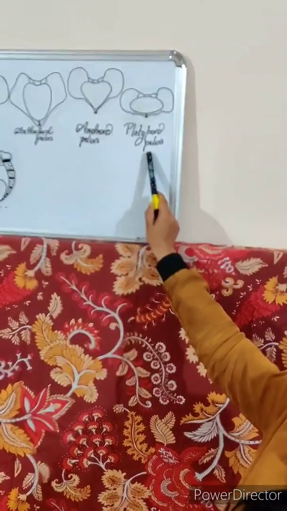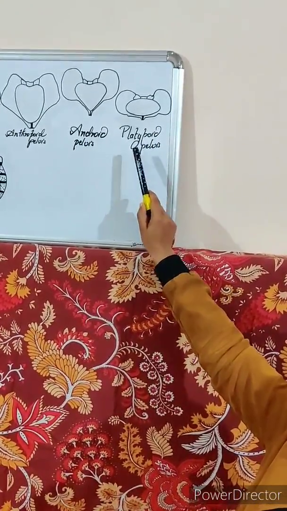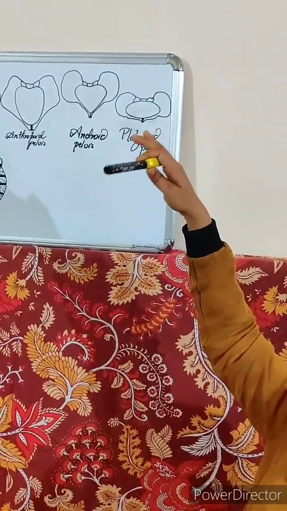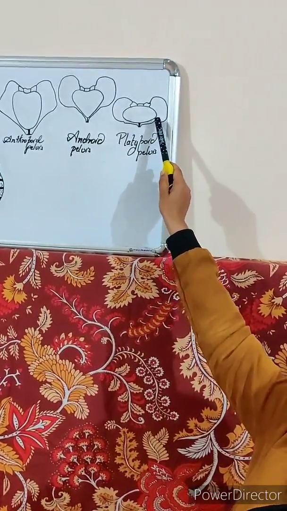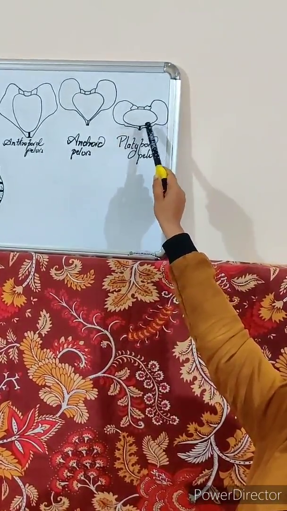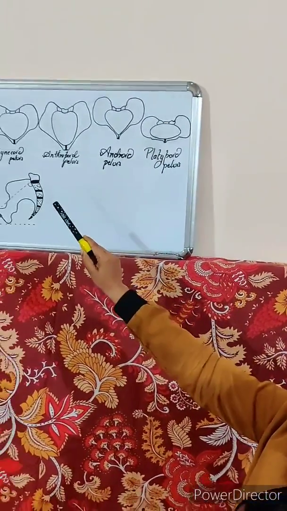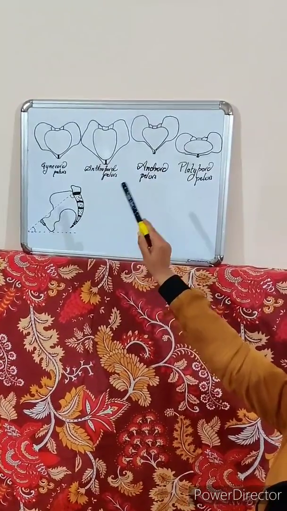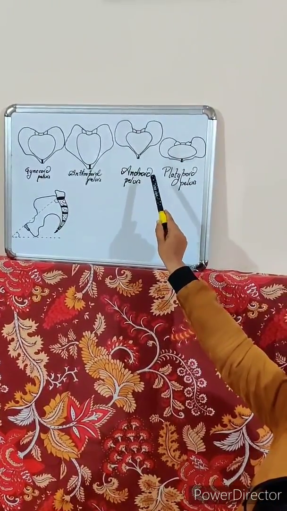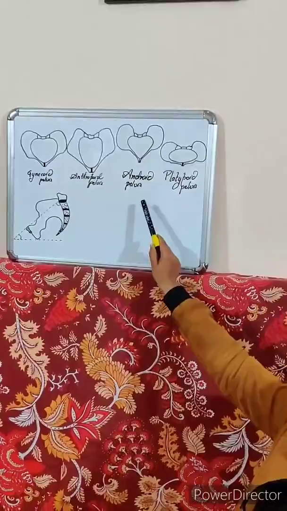Then coming on to the platypoid pelvis: it is anterior posteriorly flat, with a long transverse diameter and a short anterior posterior diameter. So the best pelvis for delivery is the gynecoid pelvis, and the worst pelvis for delivery is the android pelvis.